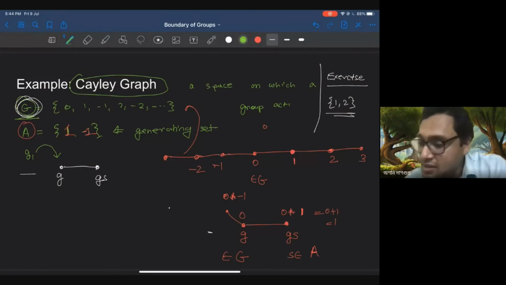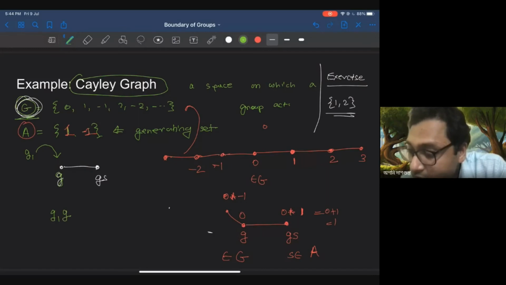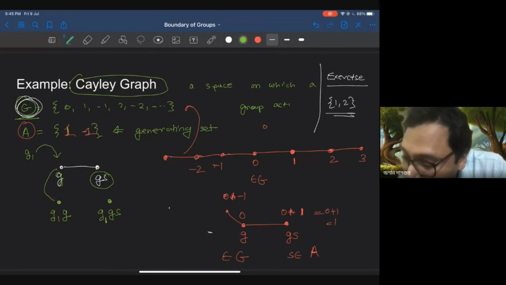You multiply g with g1 to the left, and you multiply gs by g1 to the left. So g goes to g1g, gs goes to g1gs.